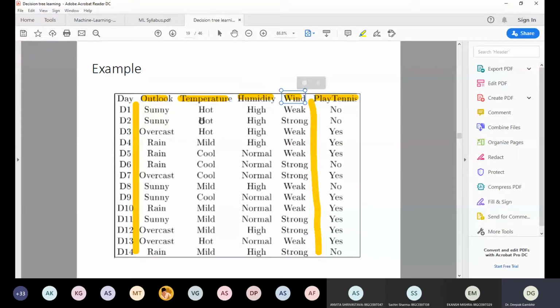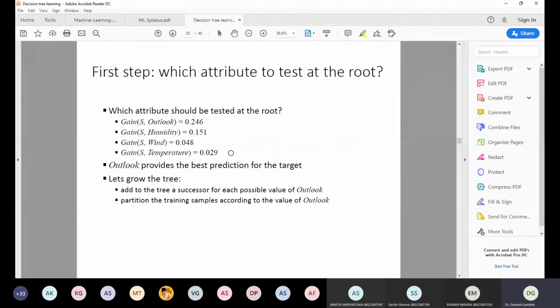So in this case, we will try to find the positive cases and the negative cases. We have already seen this in the case of humidity and in the case of wind. These would come out to be 0.151 and 0.048.